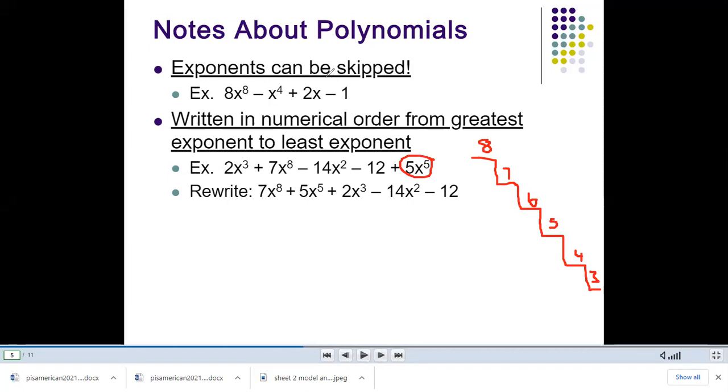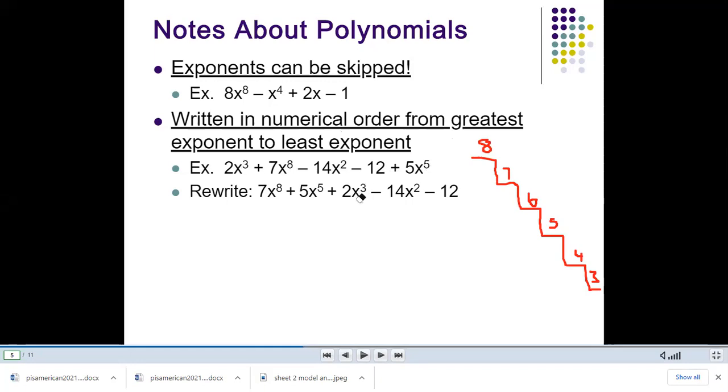After 5, in descending order, we search for 4. Do you have any 4 here? No. Then skip 4. Do you have any 3? Yes. So we drop it down.